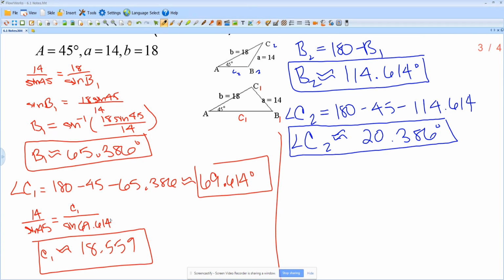Last step, we're just really redoing this, but with a different sine value. So we're going to have 14 over sine 45 equals c sub 2 over the sine of angle c sub 2. This gives me side C sub 2 being equal to 6.897.